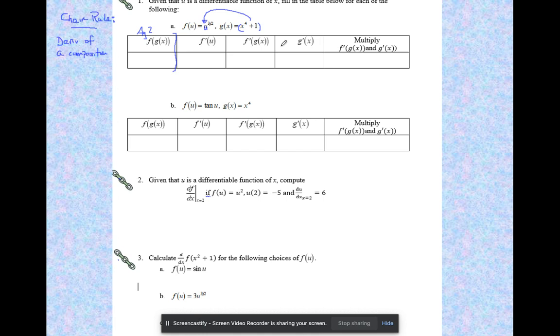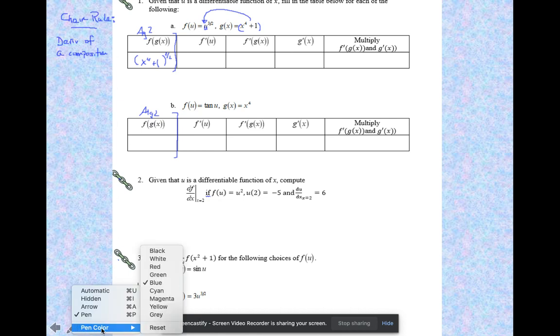Now you are taking x to the fourth plus 1, those values, and raising it to the 3/2 power. So in this first box, I just want you to write the composition. So that would be not u to the 3/2, but x to the fourth plus 1 to the 3/2.